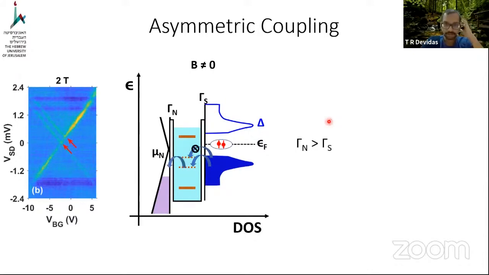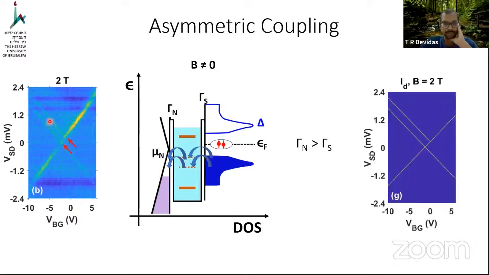However, if the dot is coupled strongly to the normal metal, then any electron tunneling into the dot would immediately tunnel off to the normal metal side. Hence we have an asymmetric coupling which defines a spin splitting on one side. Using this model, we reproduce the data which we measured.